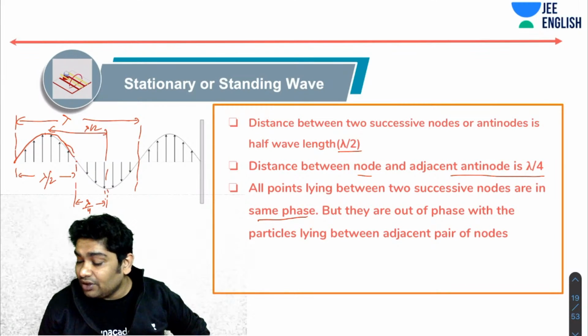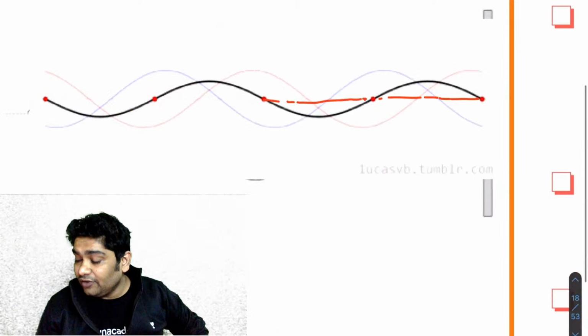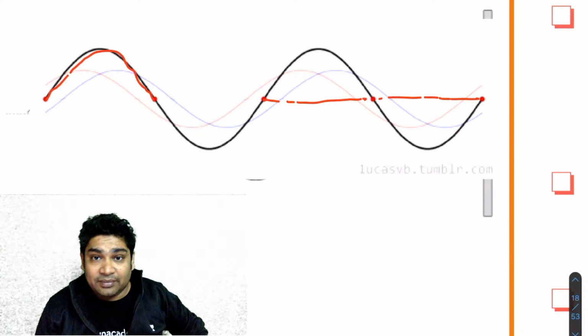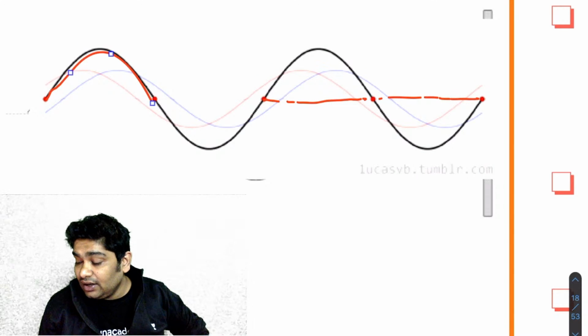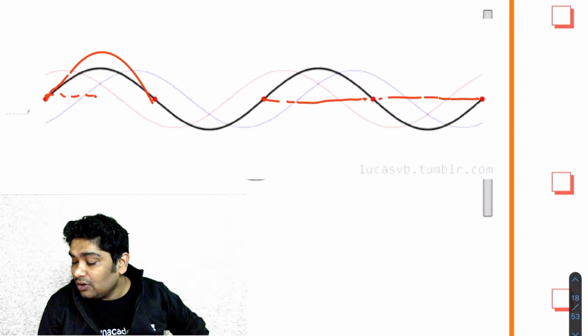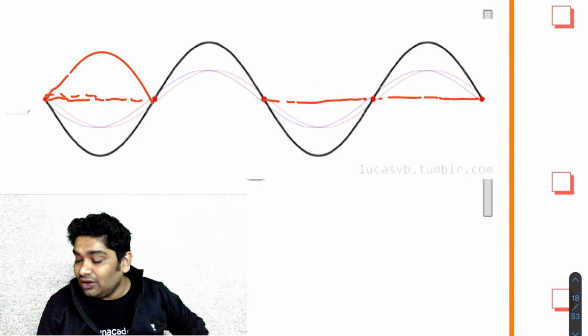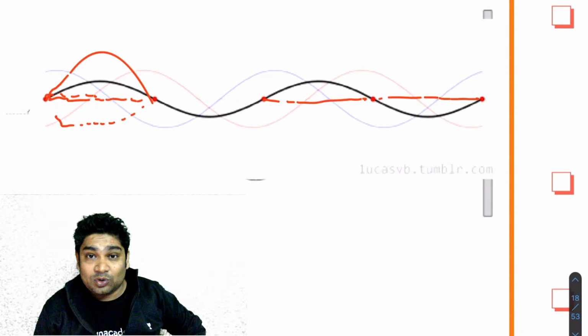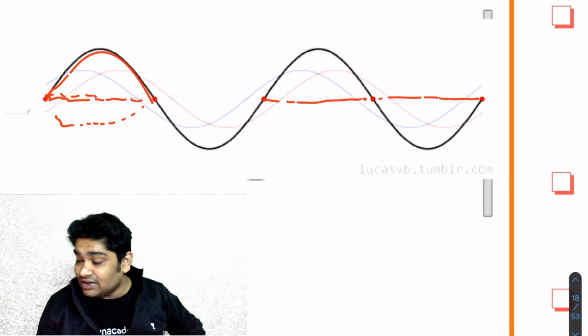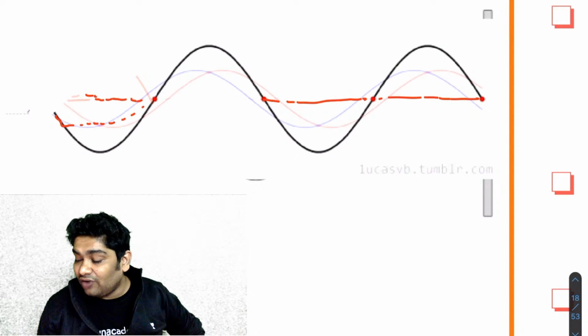You can see all these points reach their extremes at the same time, then reach their means at the same time, and reach their other extremes at the same time. So all these points are always vibrating in the same phase. That is a characteristic of a loop.